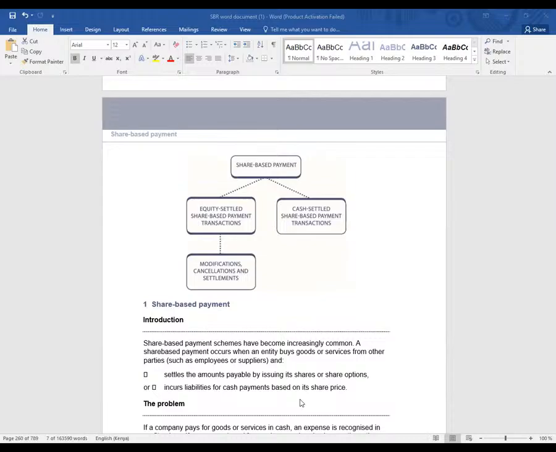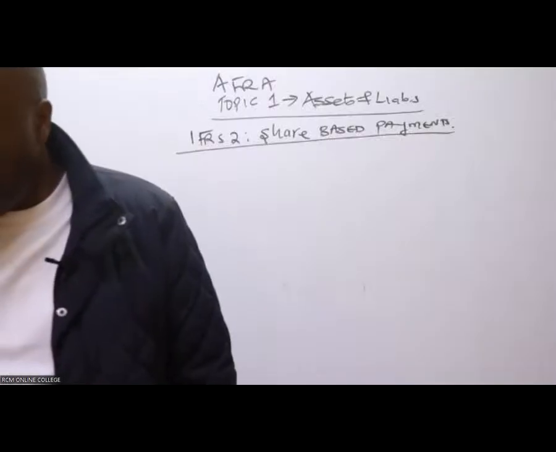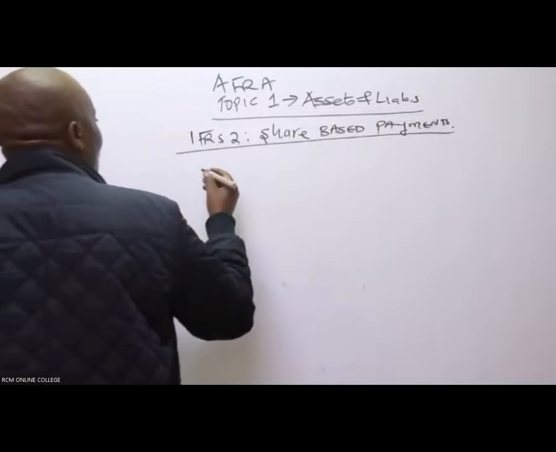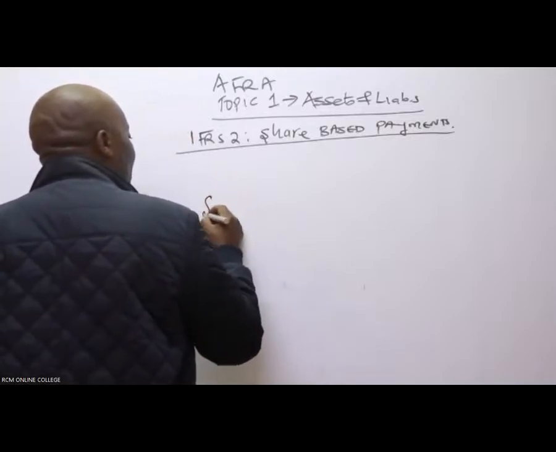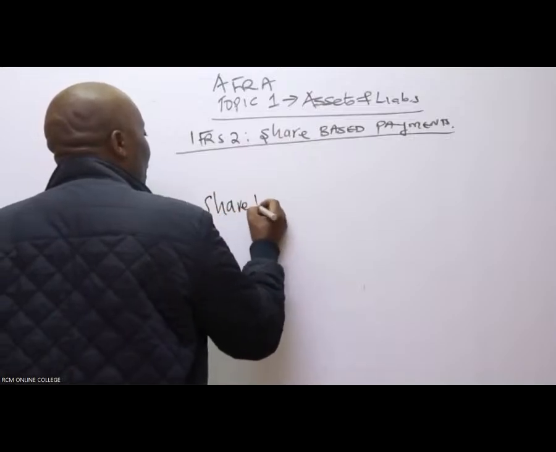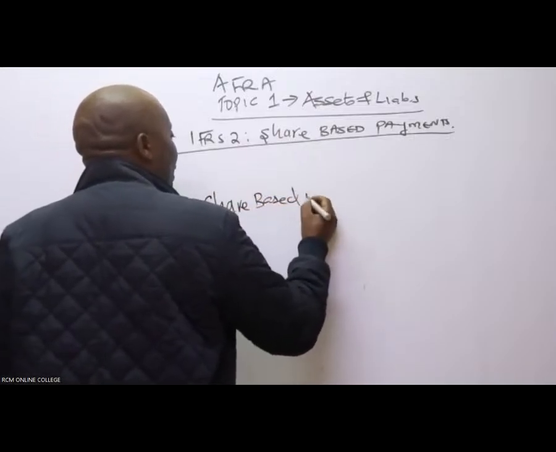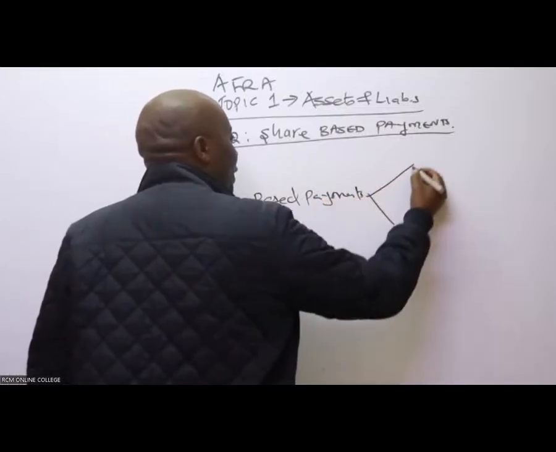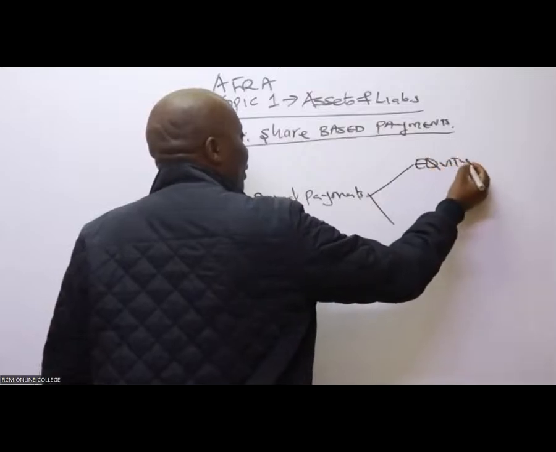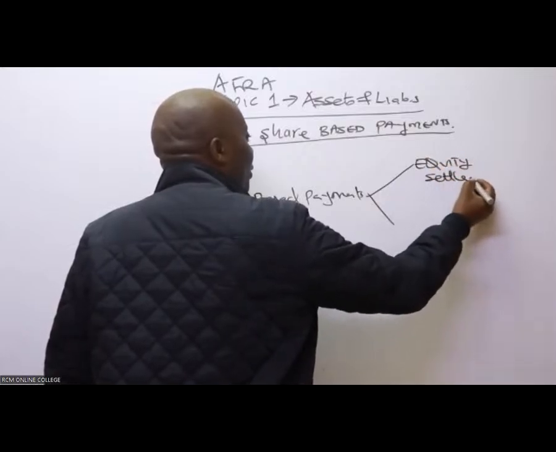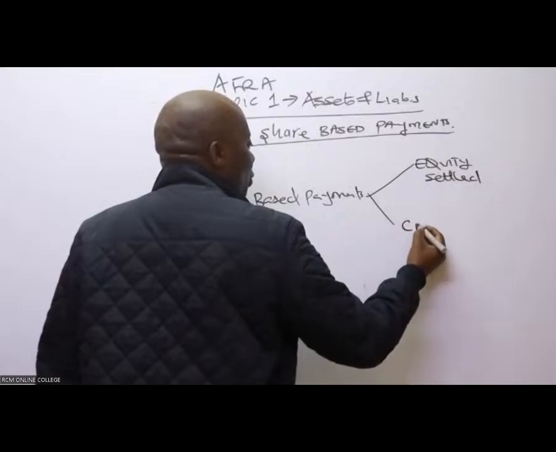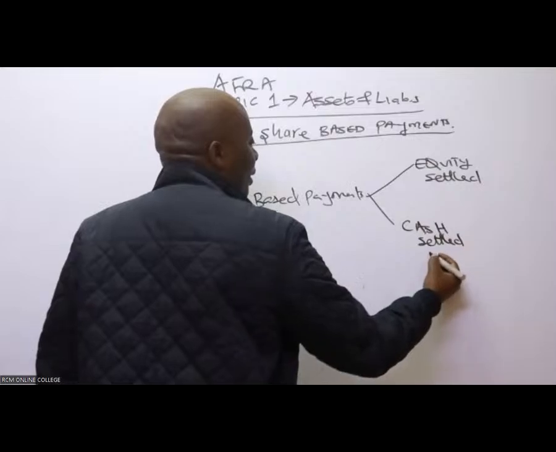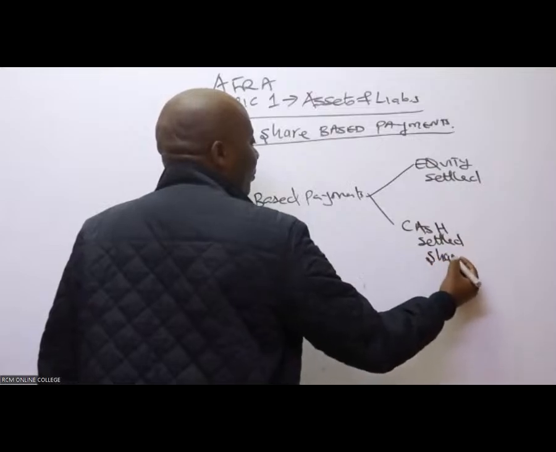So by the end of today's session, all of us would have understood that in terms of this IFRS 2, we have share-based payments. We've got what we call equity settled, and then number 2, we have what we call cash settled share-based payments.